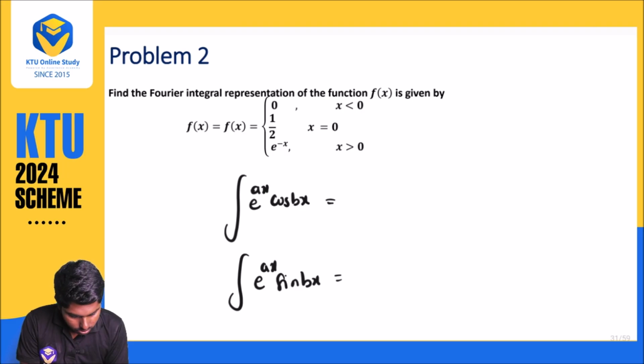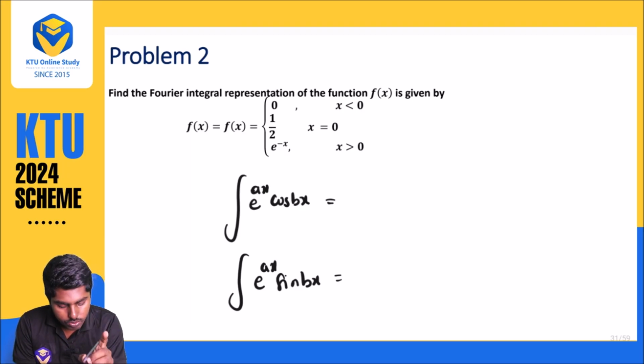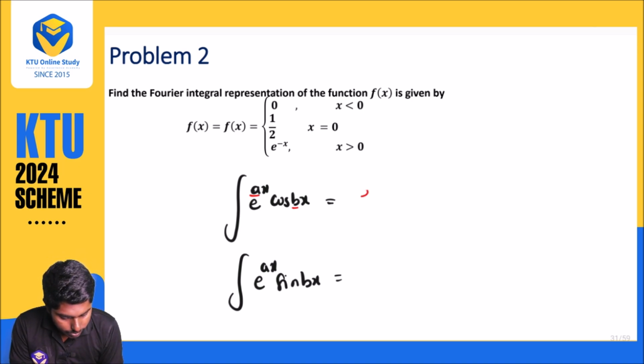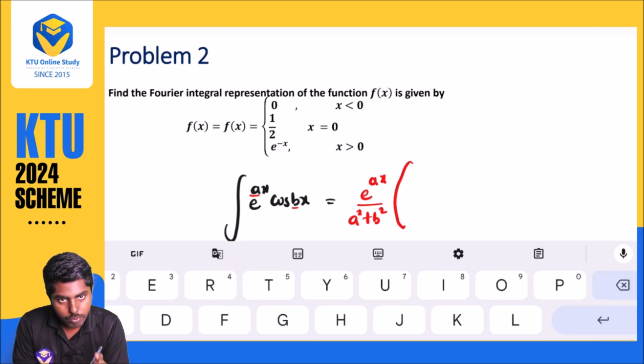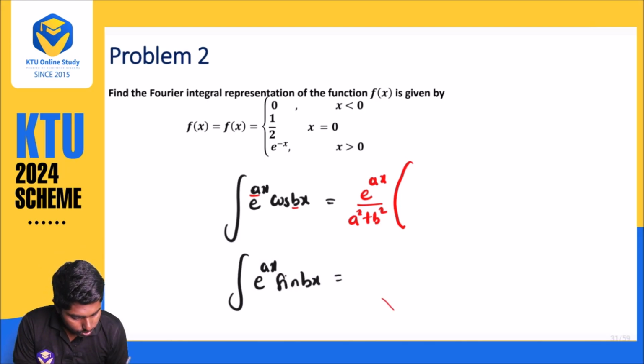See here, the alphabetic starting letter is A, and the alphabetic second letter is B. So you want to be very careful. Now, the formula for e power of ax cos bx is e power of ax divided by a square plus b square, multiplied by, alphabetic first order is A, so a into cos bx, since cos is first here.